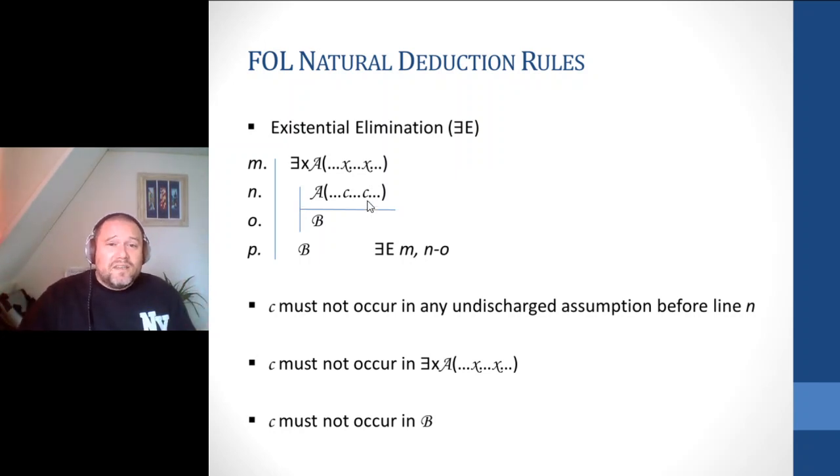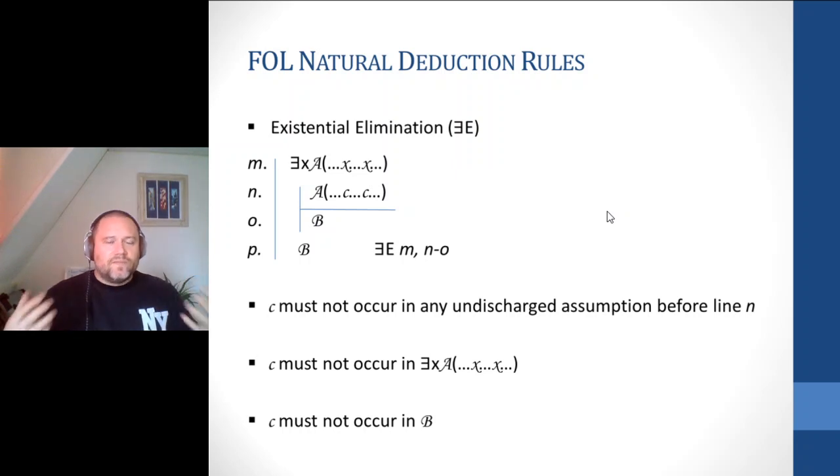Again, it's always just about an arbitrary object, an arbitrary name. And we're guaranteeing this by making sure that our name C doesn't crop up anywhere beforehand. It doesn't appear in this sentence, and it doesn't appear in the result we get out. That's the key idea when we do existential elimination.